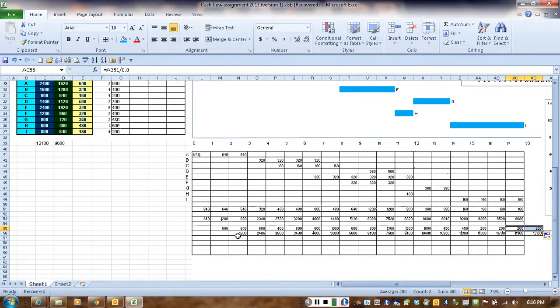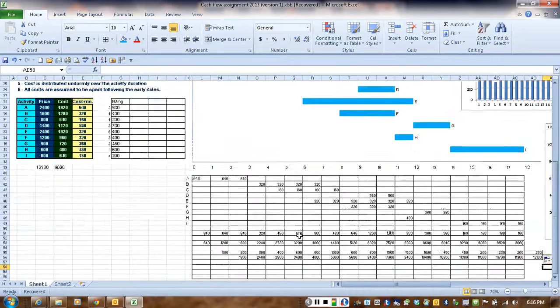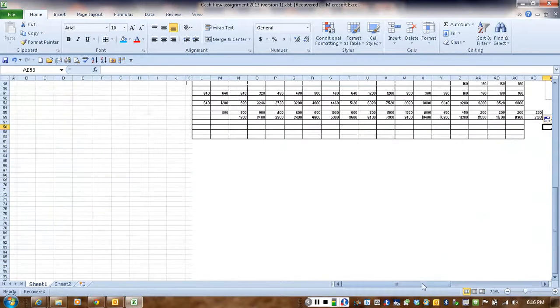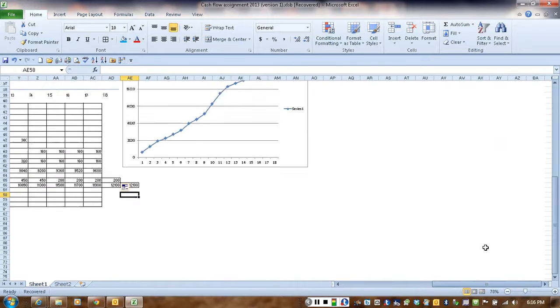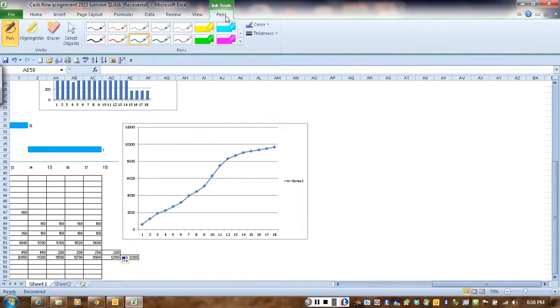So now we are not going to draw an S curve for the receivables, because the receivables, as we have learned from the lecture, are going to be like a staggered line, something like this. And so on.